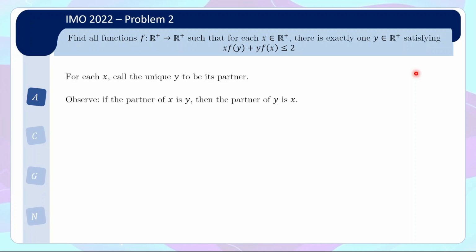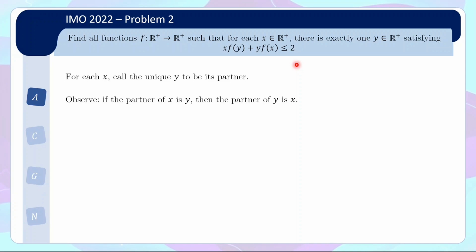Now, one thing to observe is that if the partner of x is y, then actually the partner of y will be x. Because you have x and that partner y here, but now pretend you start with y first. Of course, because this inequality already holds for the value x, the x must become that partner.